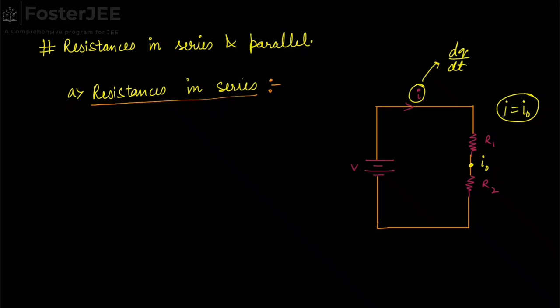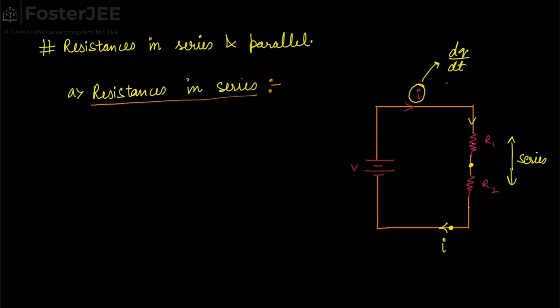So I has to be equal to I0, which means all of this current will travel through this resistor and then through this resistor, and after traveling the net current will still be I. So when both the resistors receive the same current, both are said to be connected in series.